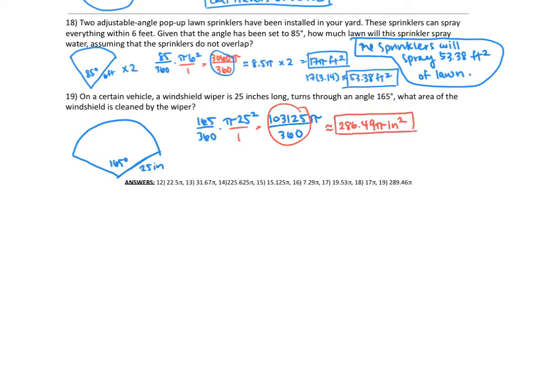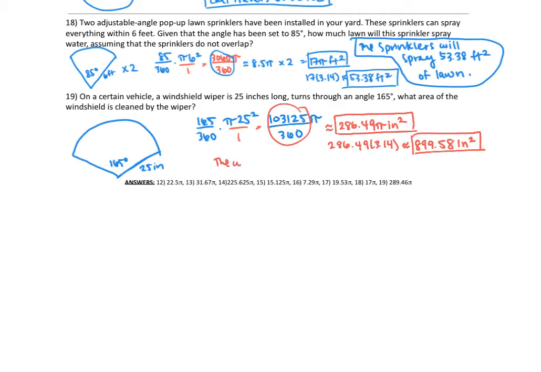Then to get the approximate, 286.49 times 3.14. We get about 899.58 inches squared.